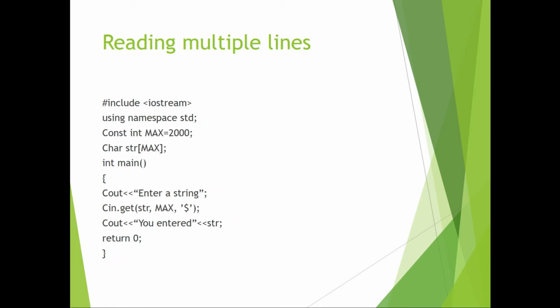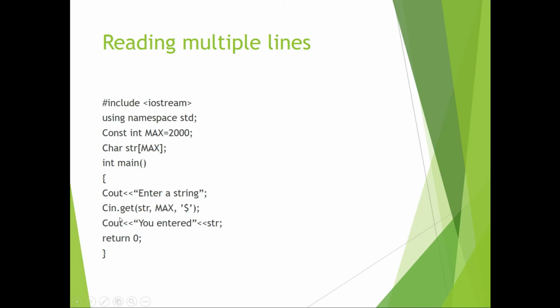Fine. So whenever I want to read multiple lines and I want to read only till a particular part, in that case, what do I have to do? I can specify the limit, a maximum of 2000, then enter a string. You can write it as cin.get.